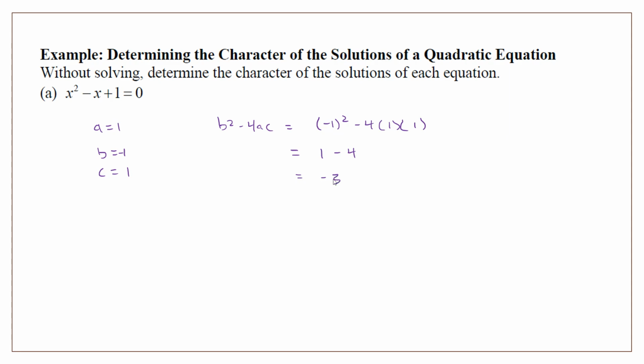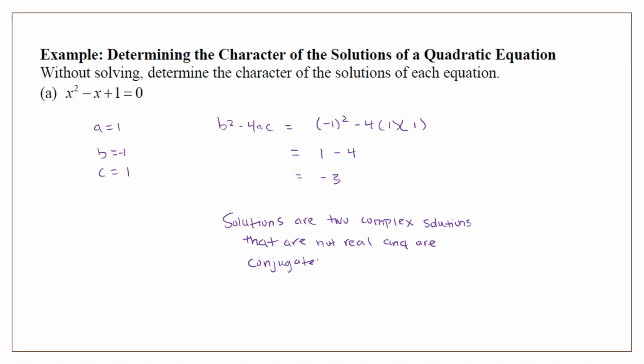Since the discriminant equals -3 and -3 is less than 0, our solutions are two complex solutions that are not real and are conjugates of each other.